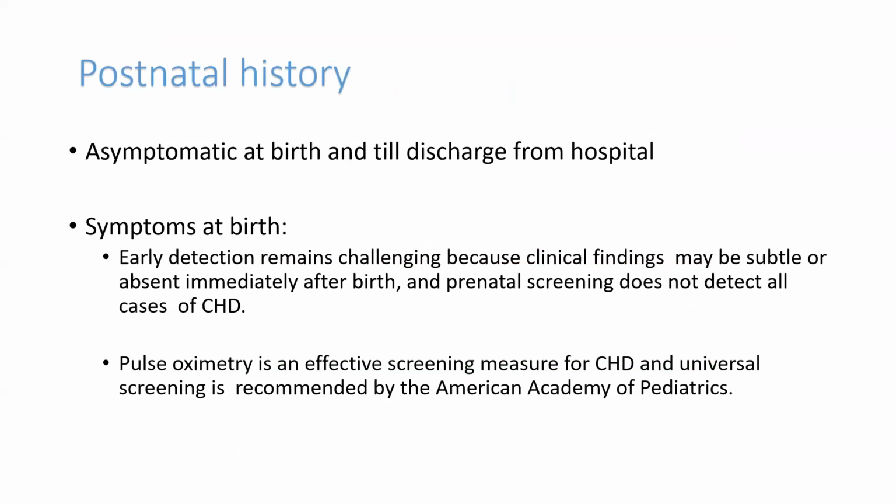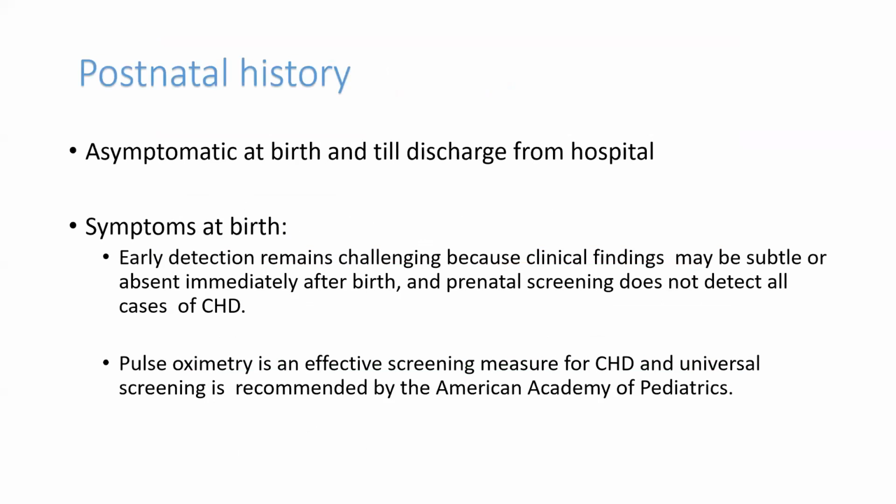So they usually are asymptomatic at birth, as I said, and then they are discharged. Symptom detection remains a challenge as they are normally normal at birth, okay? And we are not able to do prenatal screening in most of our workplaces or hospitals to be able to pick them out earlier.